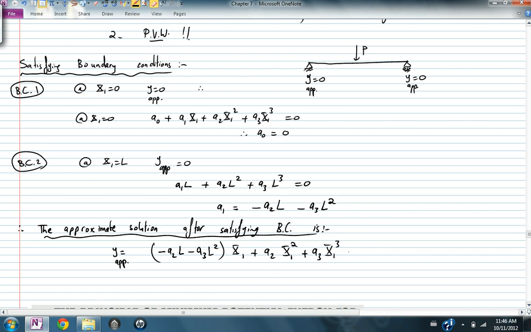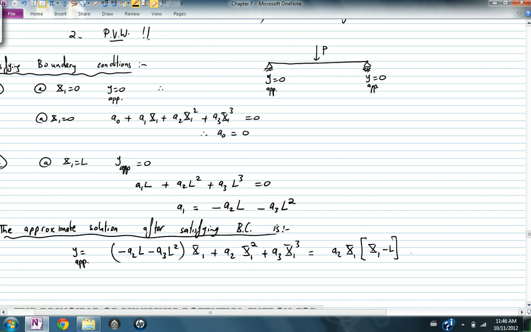I'm going to just take A2 as a common factor, and it will look like this: A2 x1 (x1 minus L) plus A3 x1, sorry, multiplied by (x1 squared minus L squared).